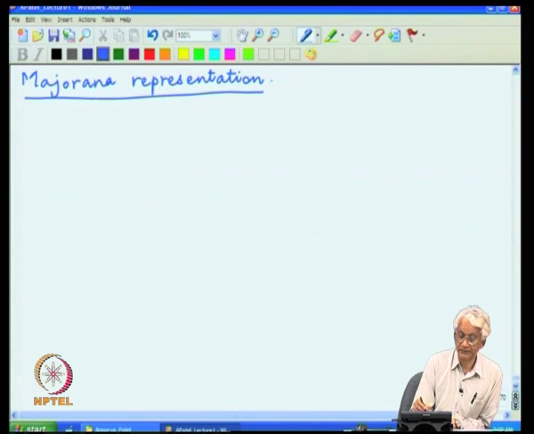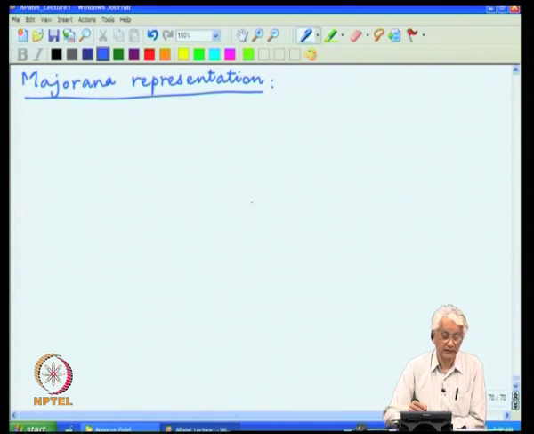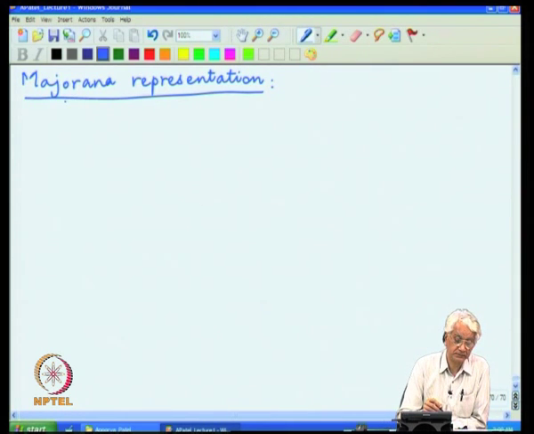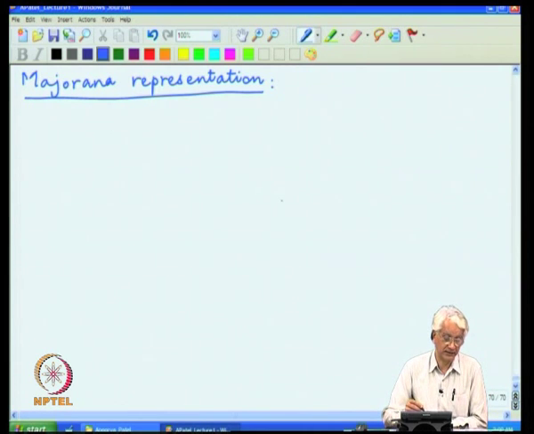And the objects which follow this particular structure, they are referred to as Majorana Fermions. This Majorana is an Italian name, and the letter J which is appearing in here in Latin, it is actually pronounced as ya, and that is how I am referring to the name.